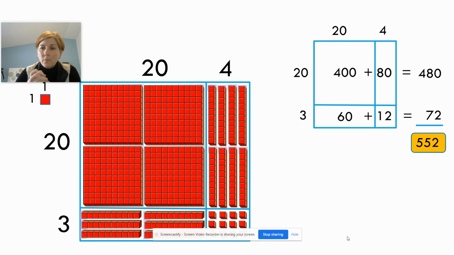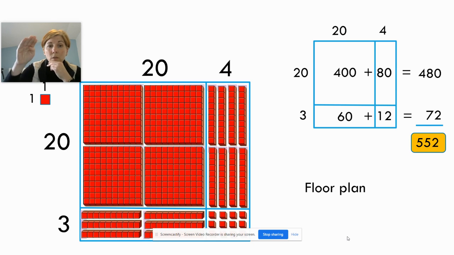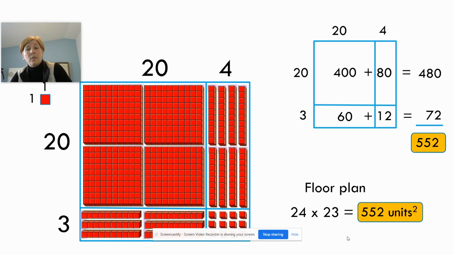But yeah, how you add that up is up to you, whatever works for you. Okay, so 552. So now I have a big 24 by 23 rectangle. And that's going to be an area of 552 tiles.